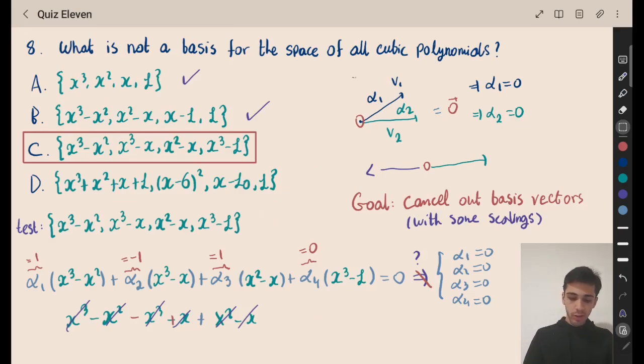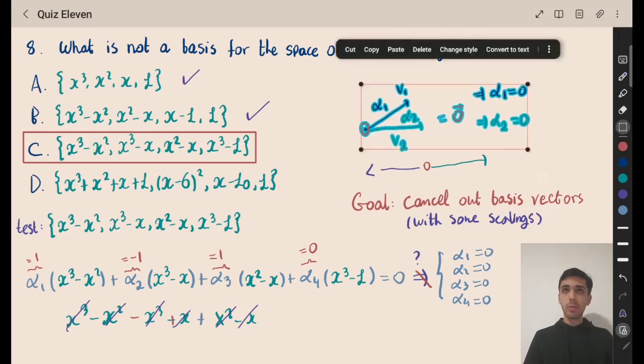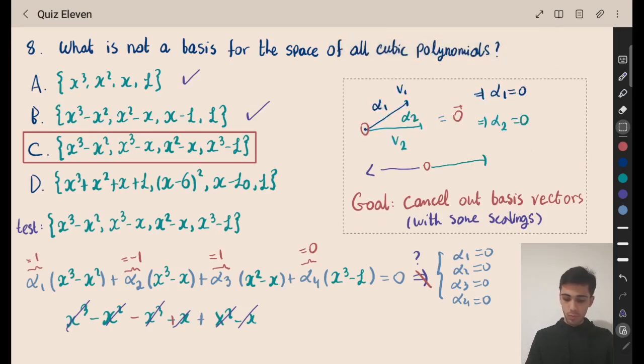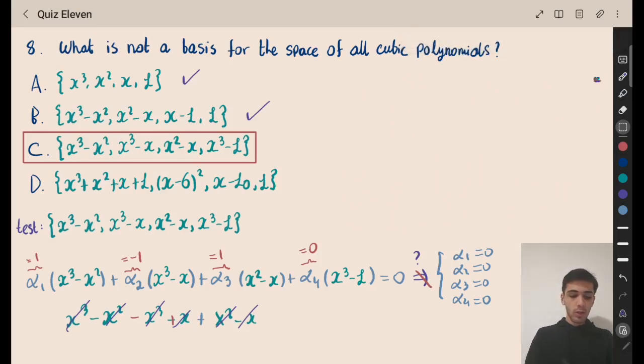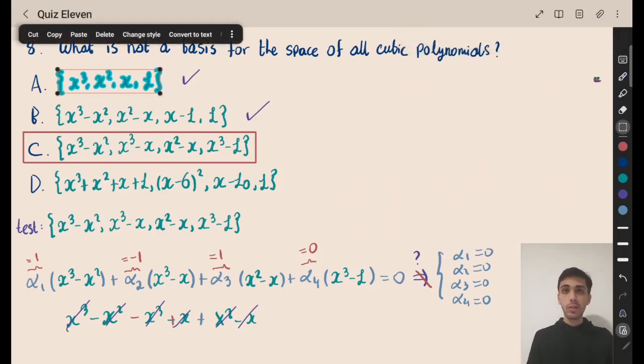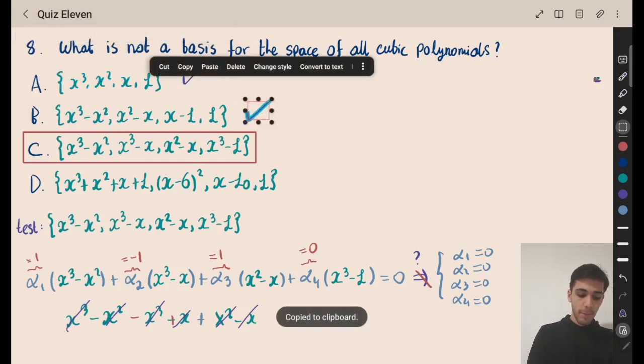Perhaps I'll do one example just for the sake of illustration, and maybe you can do the same with the other ones. So I'll do the simple one. How do I show that this is actually linearly independent?